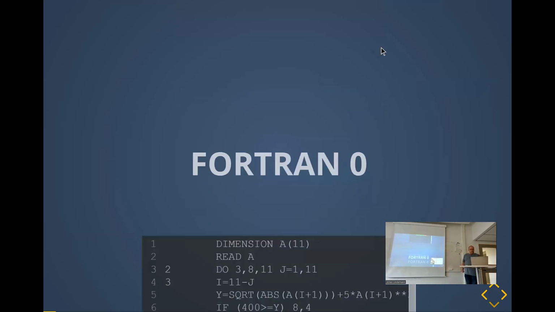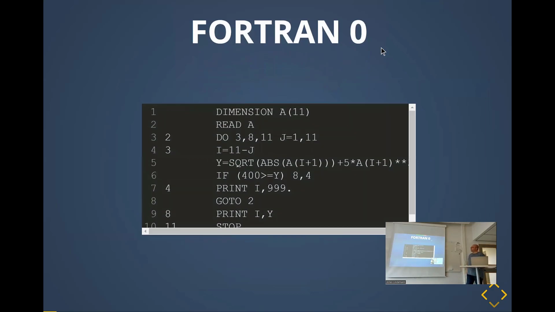So if you continue on to the first version of Fortran, just to compare. This is the 50s version of Fortran. But you can still see here, compared to machine code, this was a significant step in how you code for computers. You can see you have row numbers here.